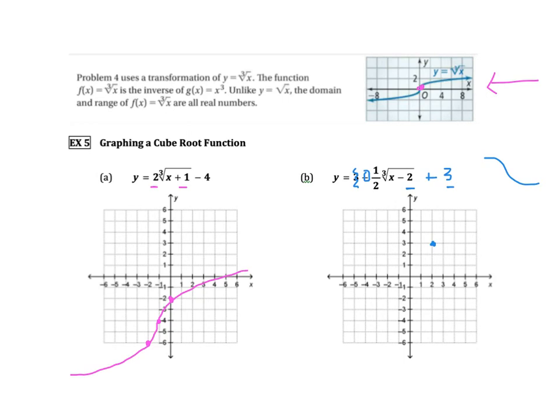And it's also going to have a vertical compression of 1/2. So here's what I'm going to do. Go from my point, go up 1/2 and 1 to the left. Go down 1/2 and 1 to the right. And you'll see I've got something that's going to look somewhat like this.